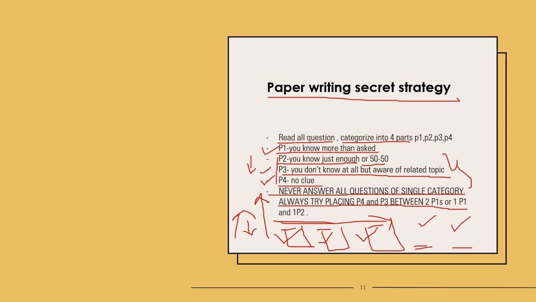Obviously, you lose marks here, but not as much as you would if you had placed these two questions before, or answered them at the last. So always try placing the questions which you don't know or which you know partially between two questions which you know completely.